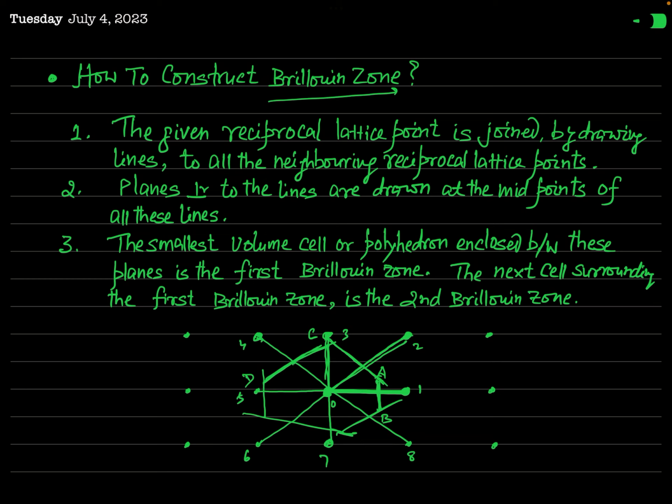In the similar manner, we draw this plane, this plane, this plane. All these planes are drawn passing through the midpoints of the joining lines to the reciprocal lattice points which are closest to this reference lattice point lying at O. Now, these planes intersect one another, and you have to locate the region bounded by these planes.